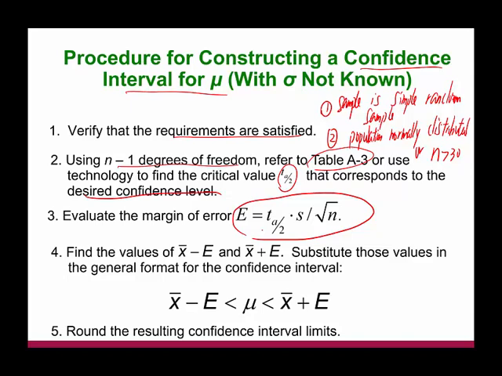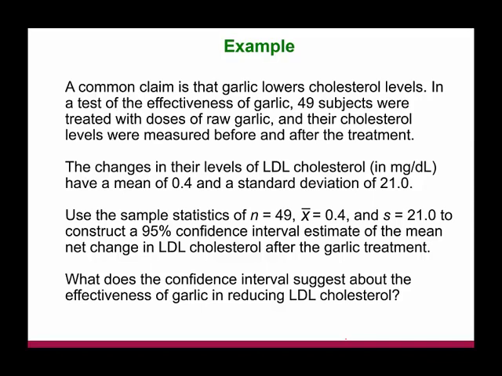Then we construct a lower limit using sample mean minus margin error and an upper limit using sample mean plus margin error, and the population mean is located within the interval. After that, we round the resulting confidence interval limits to 3 significant digits.